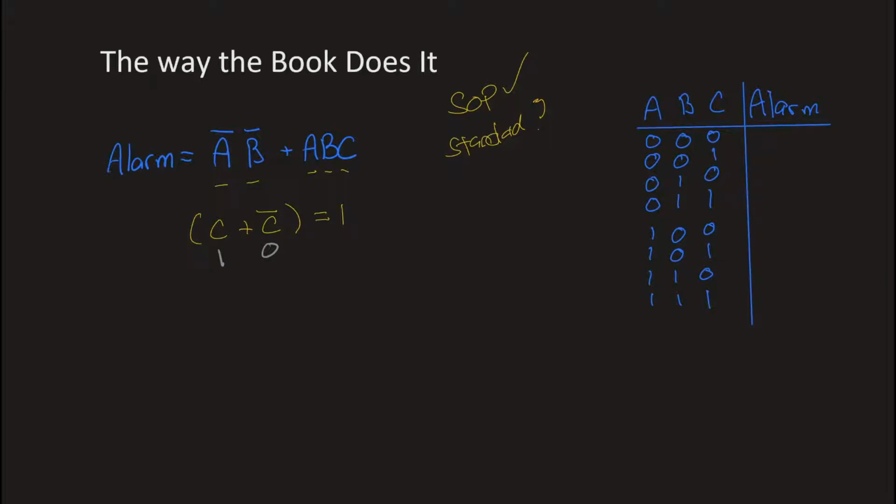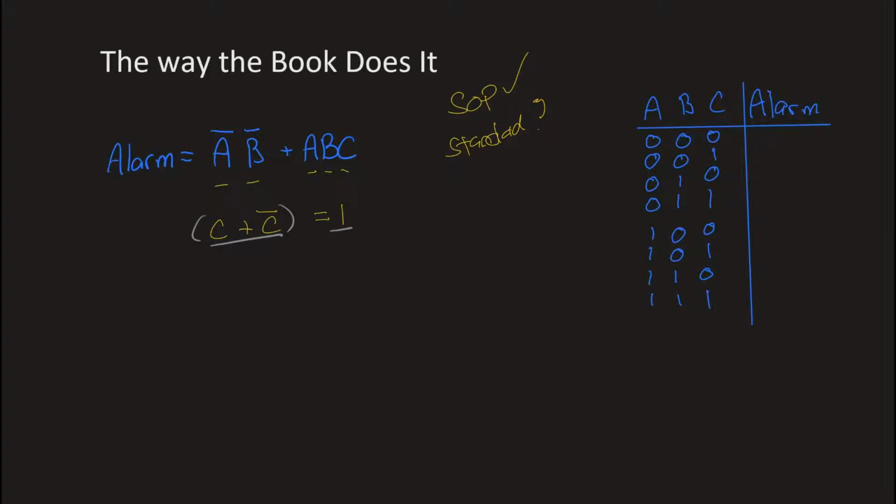But 1 ORed with 0 is always 1, because for an OR gate, only one of the inputs has to be true. If instead C were a 0, then C naught would have to be a 1, because it's the opposite of C. And so notice that it would still be true. And so remember, we said that this is one of our rules. C or C naught always has to be equal to 1.